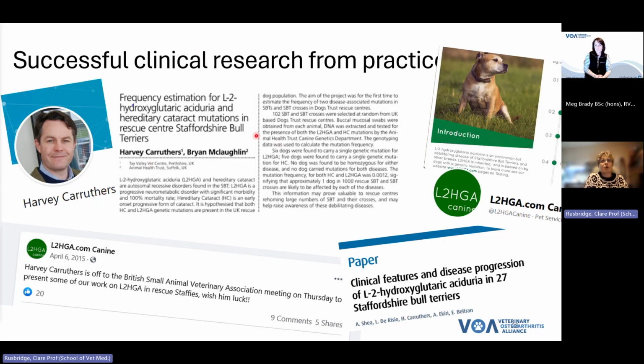And it was a very simple study. He got some funding for it, and he simply took a number of these dogs, selected at random from all of these Dogs Trust rescue centres. They took a buccal mucosal swab, so it wasn't invasive to the dog, and tested for it.